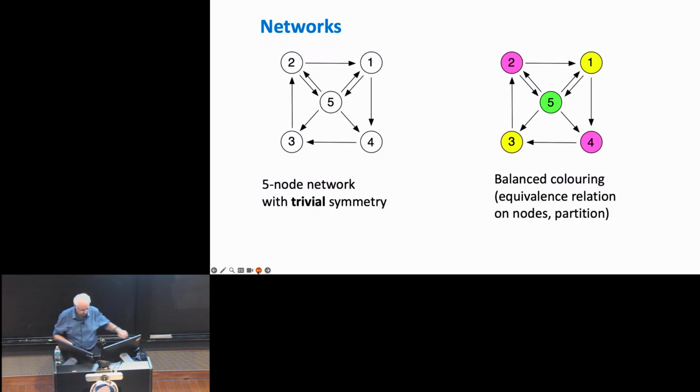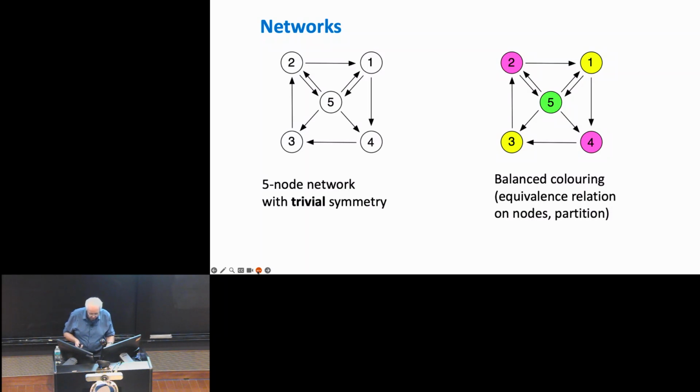So this example will show you. On the left is a little 5-node network. It has trivial symmetry. You can check that. If you permute the nodes in any way except the identity, you can't preserve the arrows. And on the right is a coloring of the nodes. There are 2 yellow ones, 2 magenta ones, 1 green one.